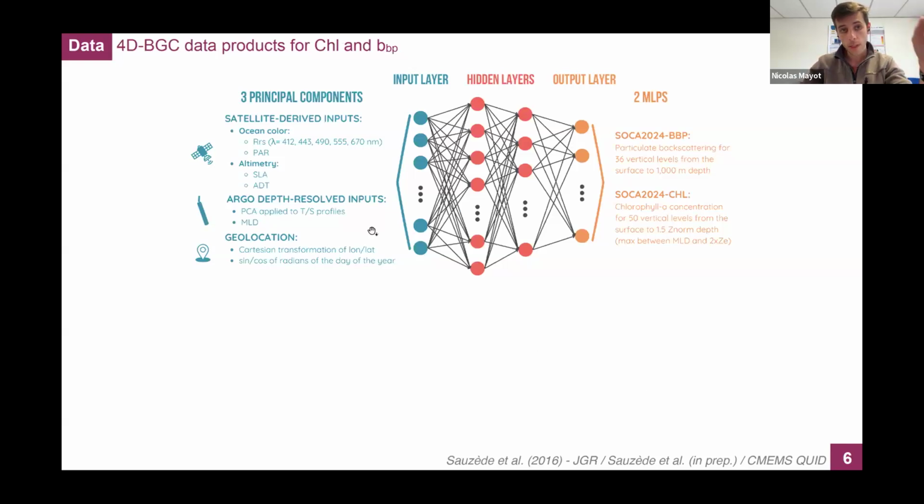And so the 4D-BGC data that I'm using come from the work of Raphael. So I'm going to try to explain, but if I'm making some mistakes, I'm sorry already, Raphael, you can correct me after. So this database is based on a neural network that has been trained with BGC Argo data, and which is matching up satellite information with TS information from Argo floats to reproduce at the end a vertical profile of chlorophyll and BBP.